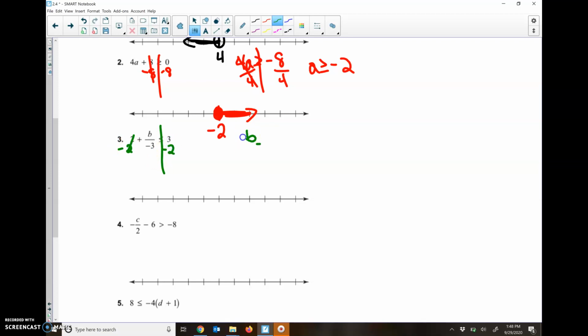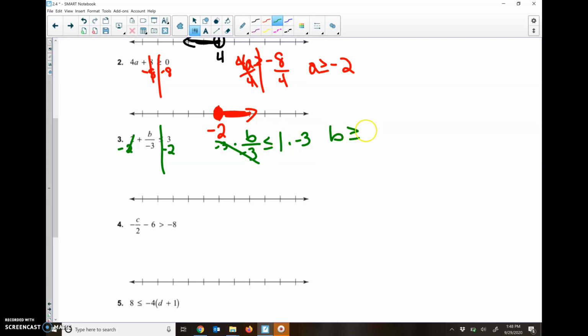So then I get b over negative 3 is less than or equal to 3 minus 2, which is 1. So then I have b divided by a negative 3, so I'm going to multiply by a negative 3. And here, since I multiplied by a negative 3, my sign ends up getting flipped. It was a less than or equal to sign, and I'm going to flip it to a greater than or equal to sign.